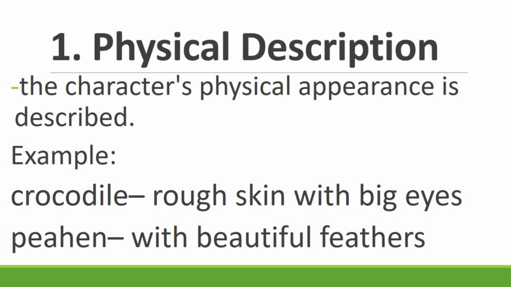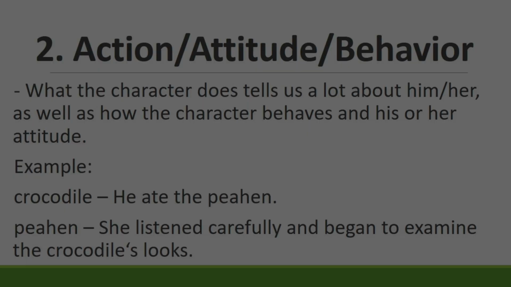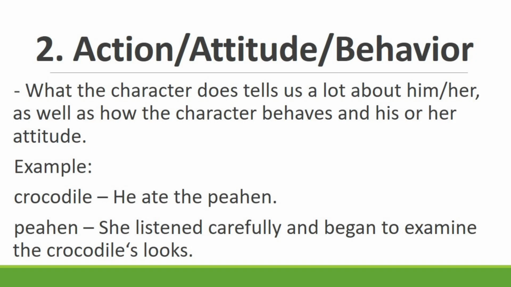So those things have something to do with the physical description, as in what the character looks like physically. Second, we have the action, attitude, or behavior. What the character does tells us a lot about him or her, as well as how the character behaves and his or her attitude.